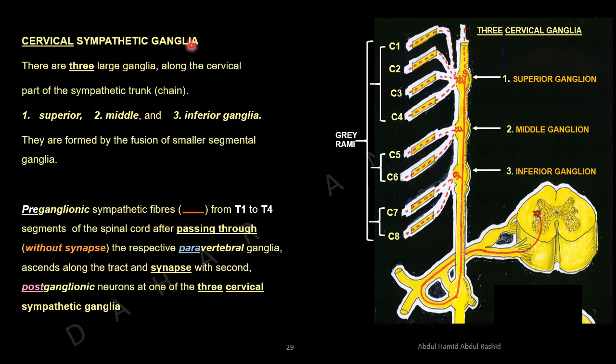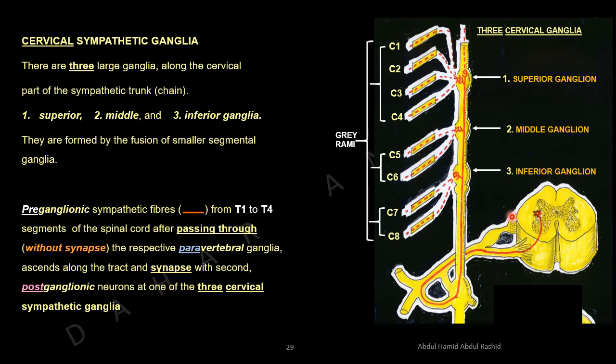Cervical sympathetic ganglia. I have already presented that there are three large ganglia along the cervical part of the sympathetic trunk. They are the superior, middle, and inferior cervical sympathetic ganglia. Look at the diagram again.